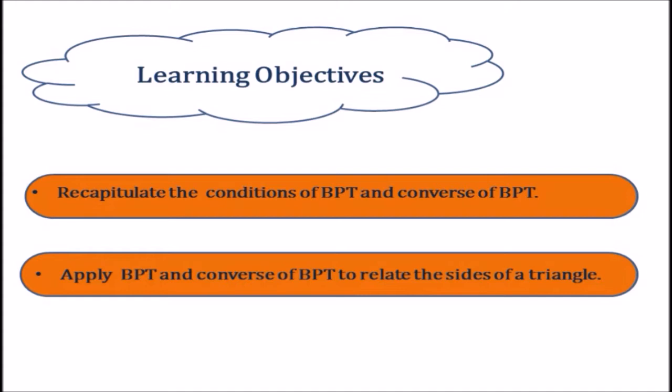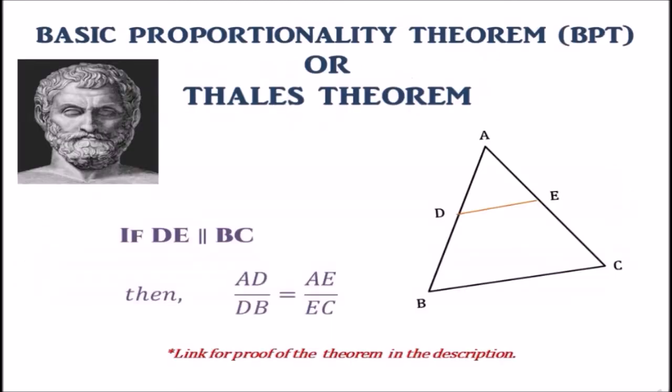First, let's have a quick recapitulation of BPT and Converse of BPT. First, BPT, the basic proportionality theorem or the Thales theorem. It states that if a line is drawn parallel to one side of a triangle such that it intersects the other two sides in distinct points, then the two sides are divided in the same ratio.